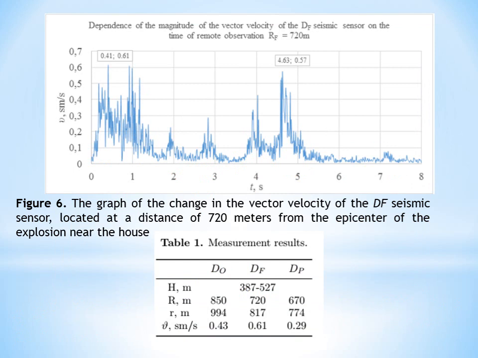The oscillogram obtained from the third seismic sensor, the DEF, also confirms this regularity. The value of the maximum vector speed registered by the DEF seismometer was 0.61 cm per second, which corresponds to 3 points and is almost 2.1 times the maximum speed registered by the DP seismometer and 1.4 times more than that registered by the DO seismometer.